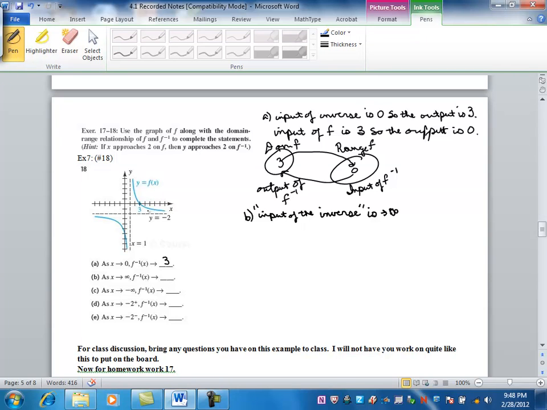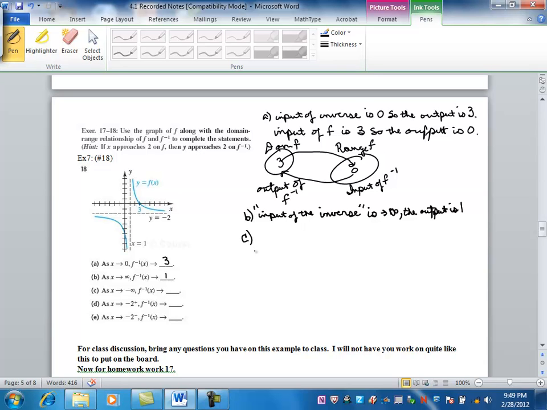Alright, well, where is y approaching infinity? If you follow my little dot here, as y is approaching infinity, what's x doing? Well, x is getting really, really close to 1. The output is 1. So as x approaches infinity, the output of the inverse is approaching 1.